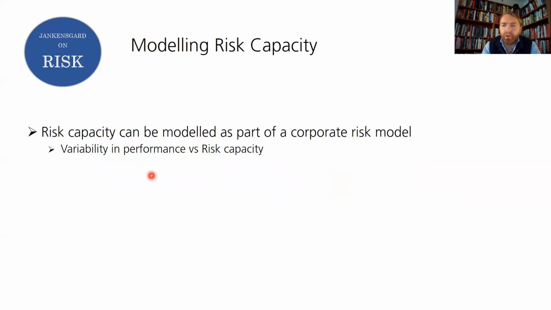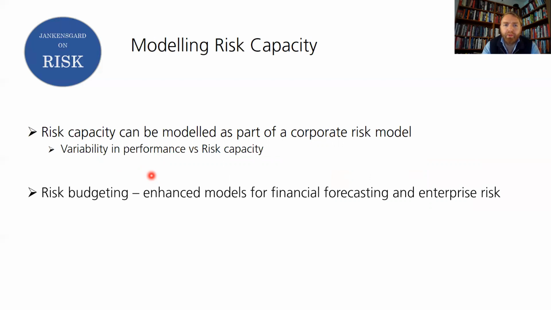So we're saying now that we can model this explicitly as part of a corporate risk model. So we're essentially talking about balancing variability in performance, performance risk, versus risk capacity. So risk capacity is there to absorb this variability, like a shock absorber, right? And we do this in the context of risk budgeting, which is an enhanced model for financial forecasting and enterprise risk, where we ensure that we have accounting and analytical integrity in the model.